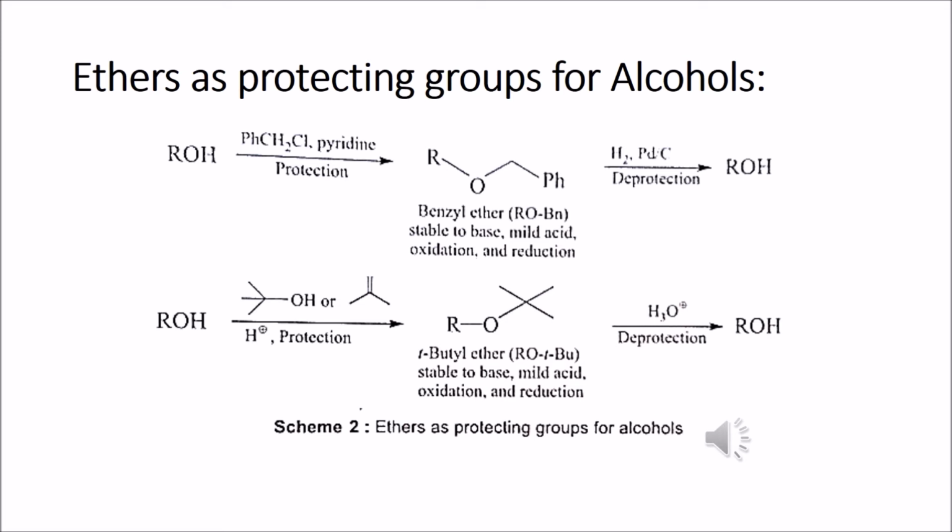Examples of such ethers are benzyl ethers, which are converted to alcohol under neutral conditions by catalytic hydrogenolysis, and tertiary butyl ethers, which are readily hydrolyzed with dilute acid, as you can see in this scheme too.